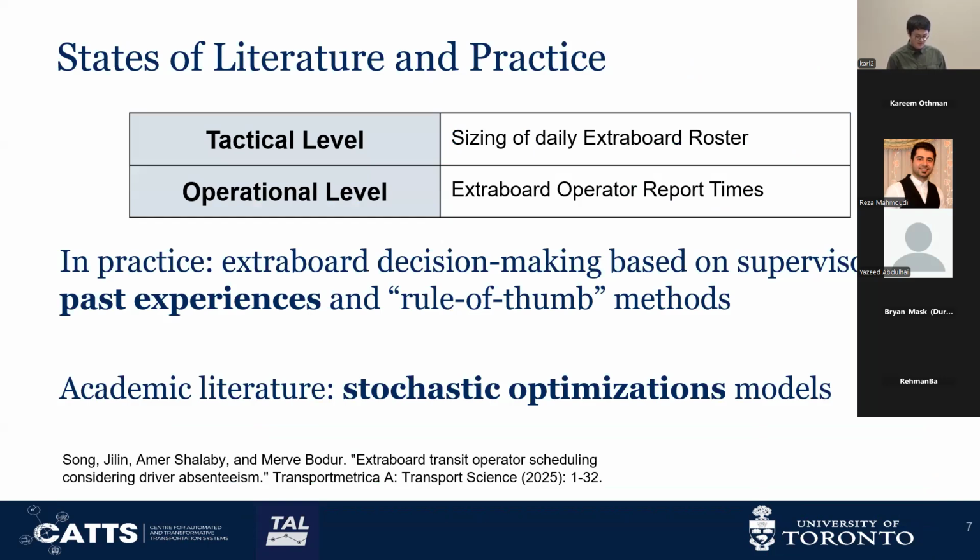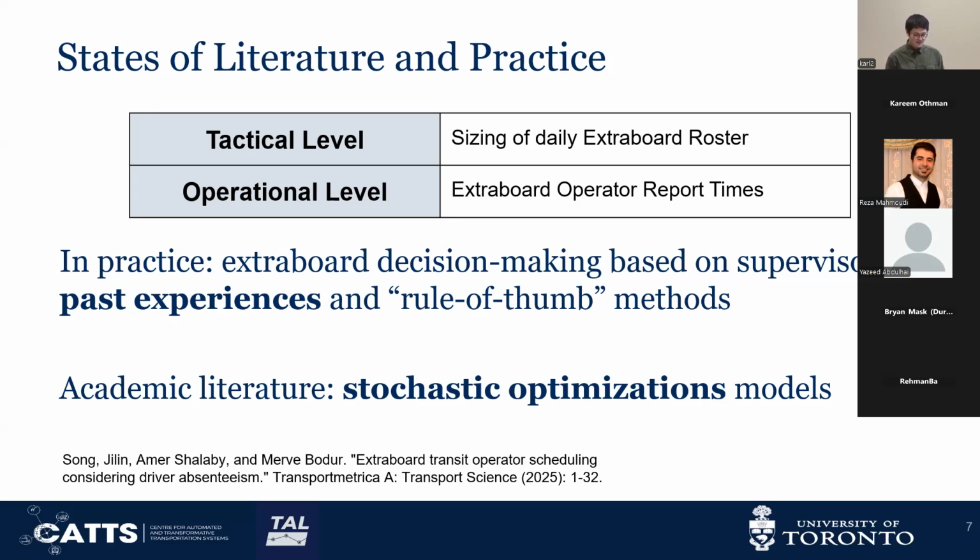Let's take a quick look at the two higher decision levels, the tactical and operational level decisions. These are also challenging problems because the transit supervisors have to consider the uncertainty in open work that's going to arise after decisions are made.